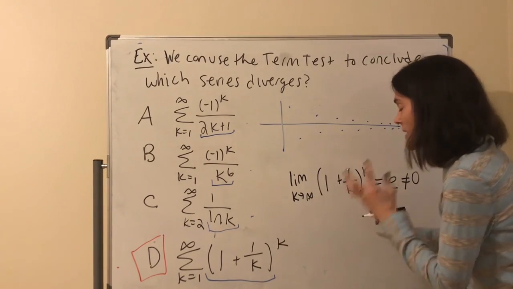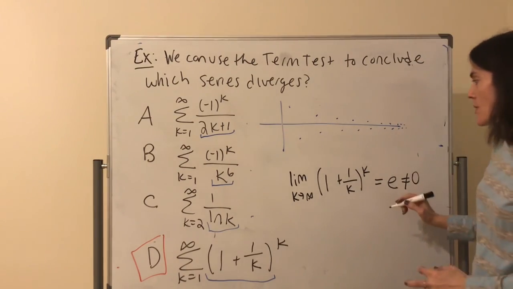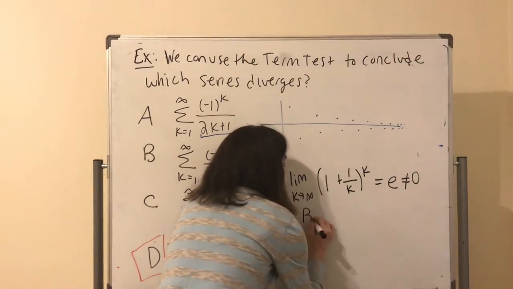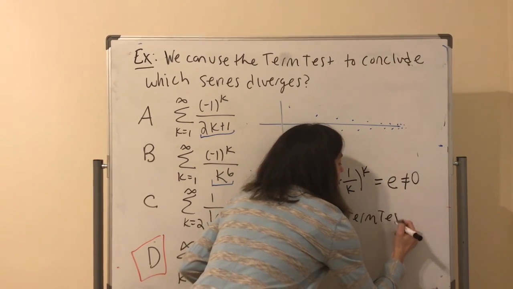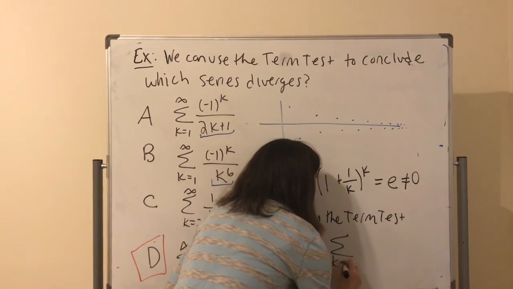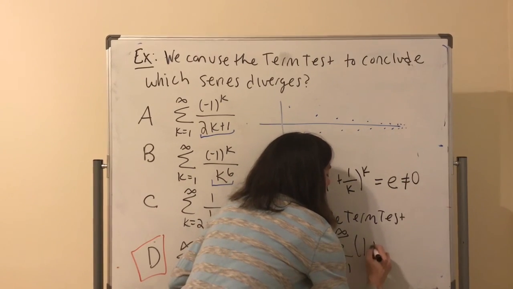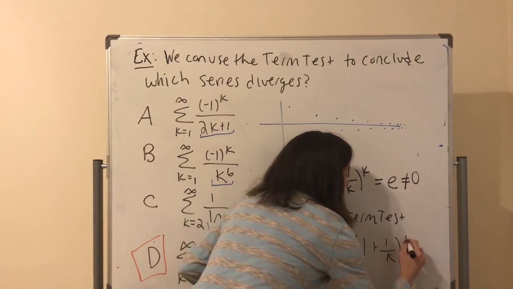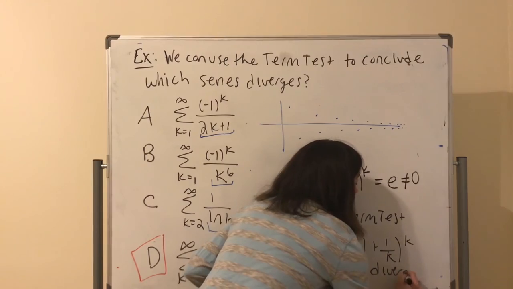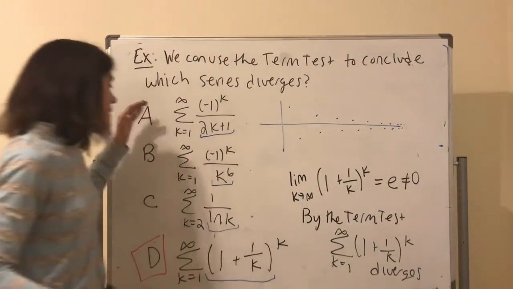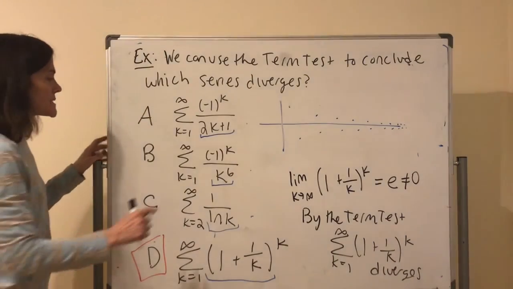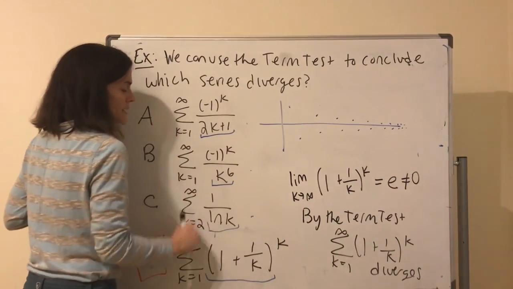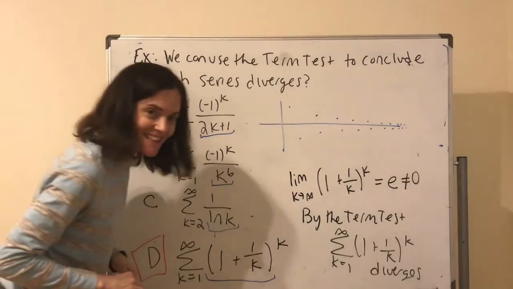And so we can use, because it's not equal to 0, the term test, this series, k equals 1 to infinity, of (1 plus 1 over k) to the k diverges. But for the other 3, the limit of the terms is 0, so the term test gives you no information, no information, no information, okay?